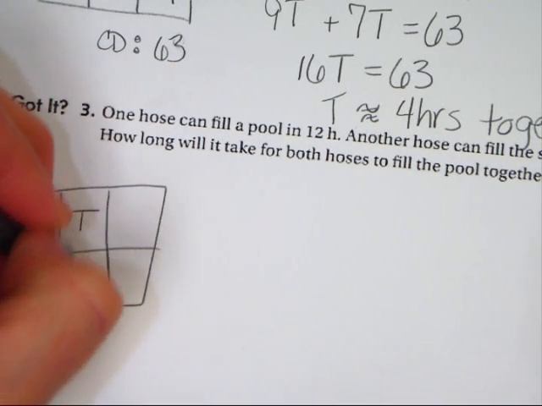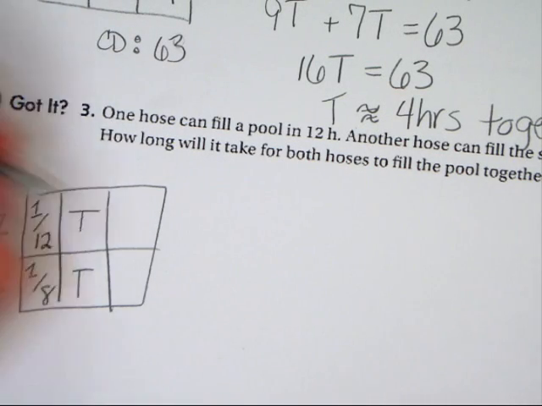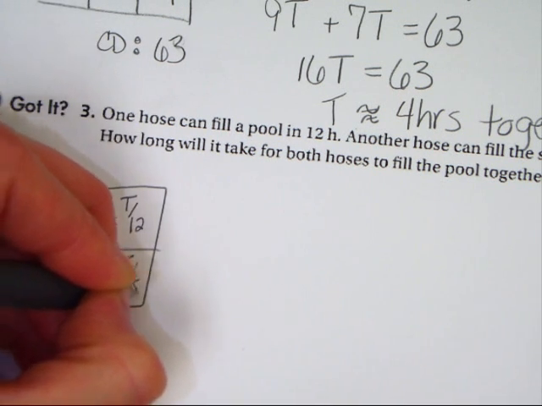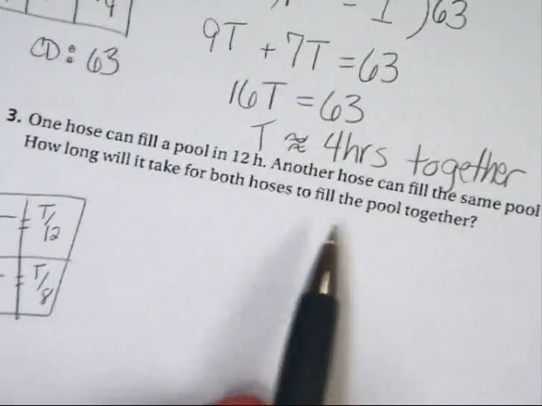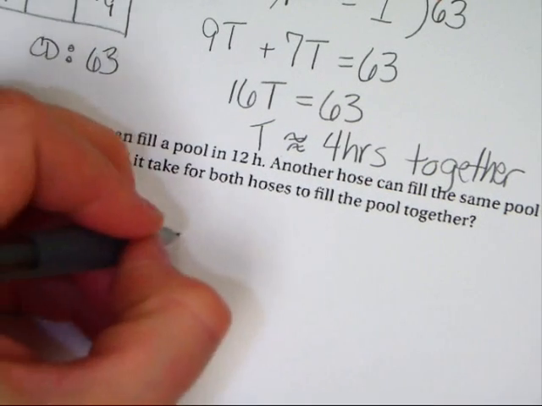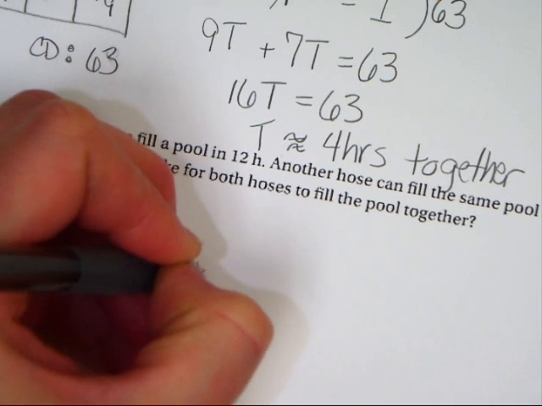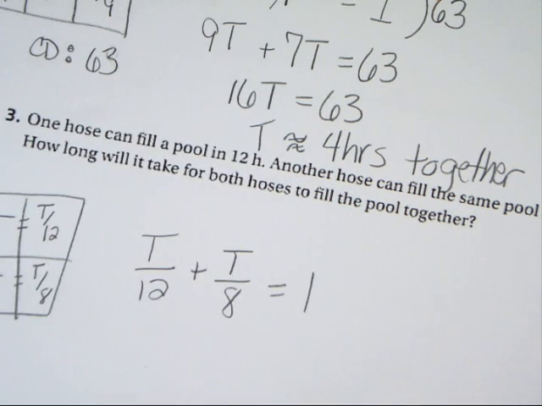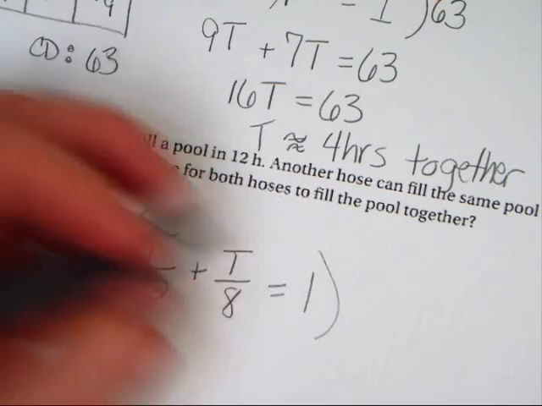Time is time together, and work done is the multiplication together. So we do t over 12 and t over 8. They want us to fill one pool, so we do t over 12 plus t over 8 equals 1. Now we need a common denominator.